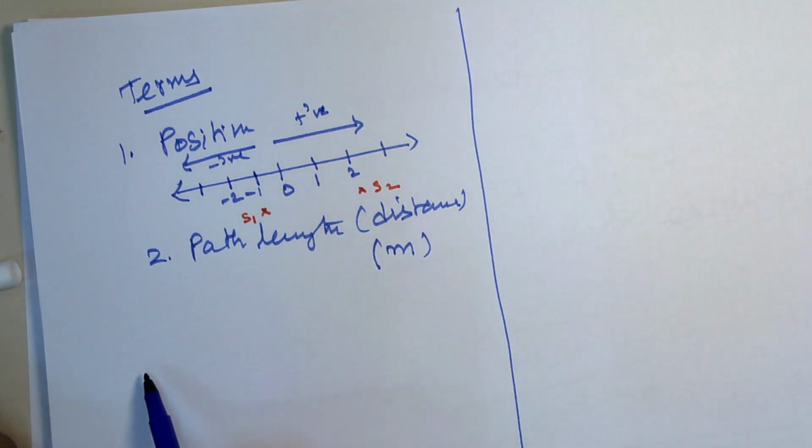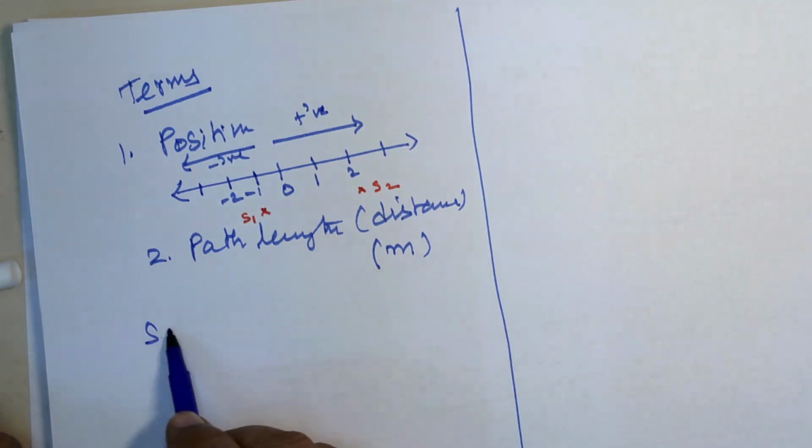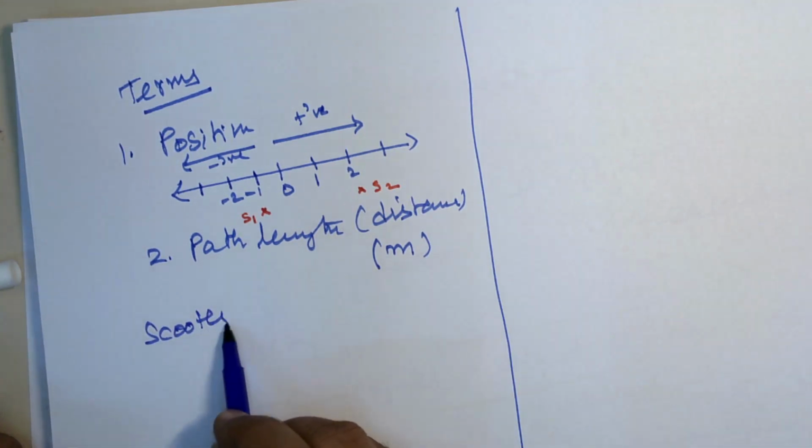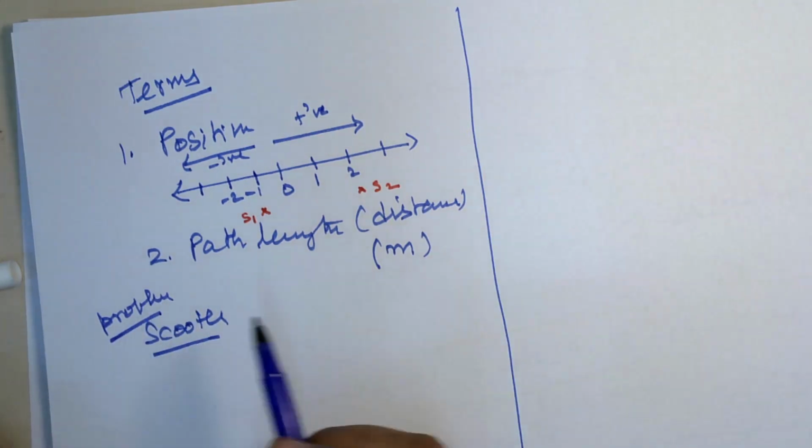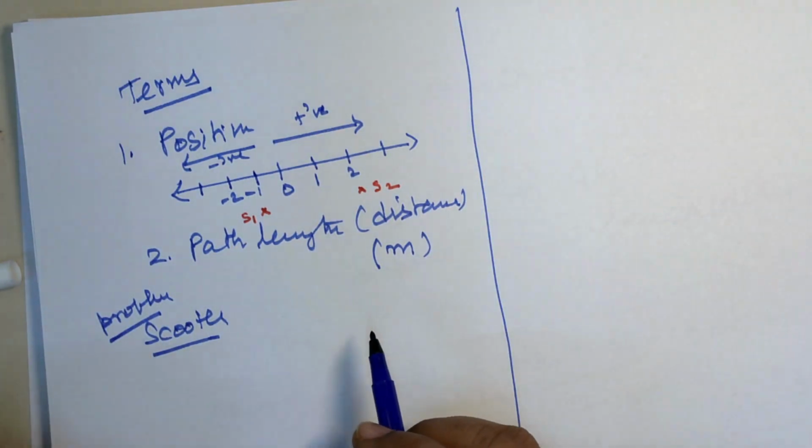A scooter is moving along a straight line.